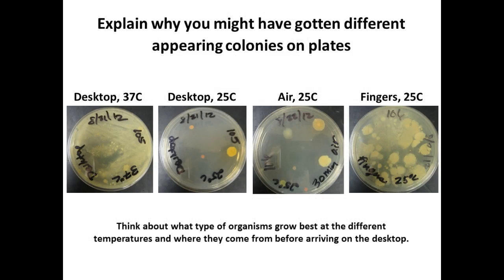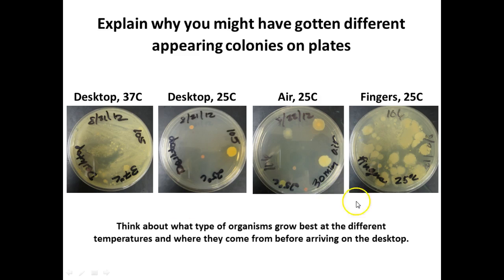So again, right, some comparisons. When we look at this, right, 25 degrees for our air sample and our desktop sample really lets us know probably the stuff on our desktop is coming from the air. Because this plate almost looks identical to this one, right? Our desktop at 37 looks a lot like all of our fingers grown at 25, right? That stuff, like we said, that grows best at 37 probably came from us, right?